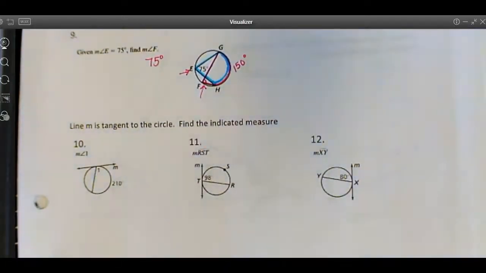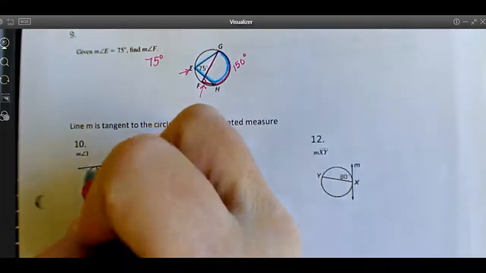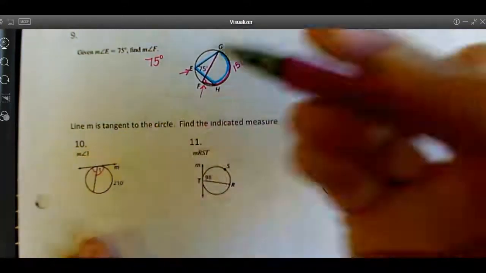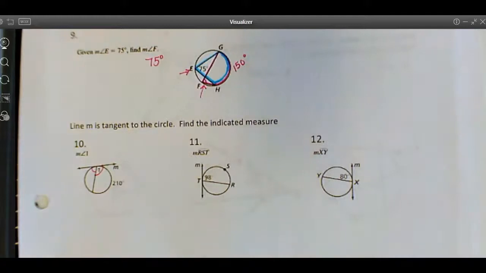Alright, 10, 11, and 12 are very, very similar. It's just that we have a tangent line, and because of that tangent line, it makes it a little bit easier because we know that there's a 180. Like I know that this angle and this angle add to 180 since we have that tangent line. But the part about the arcs is still the same. Okay?